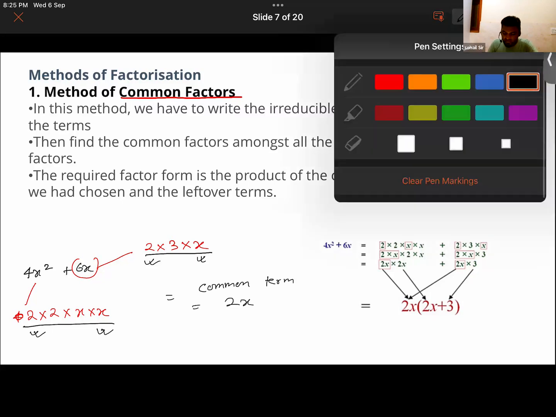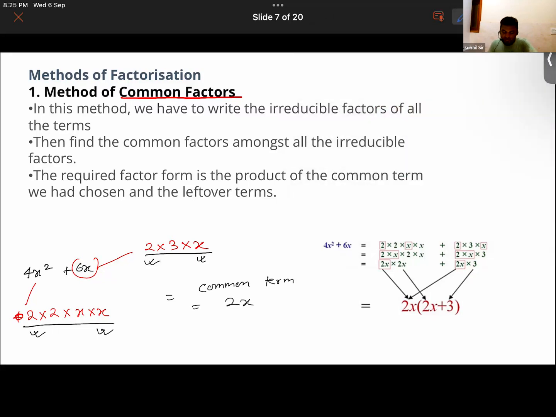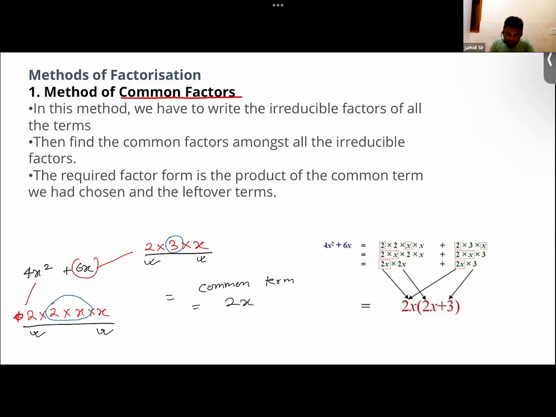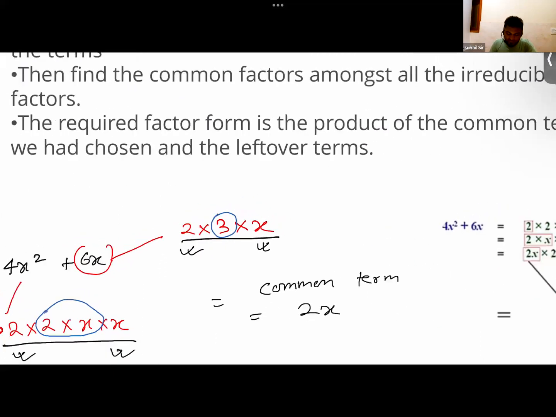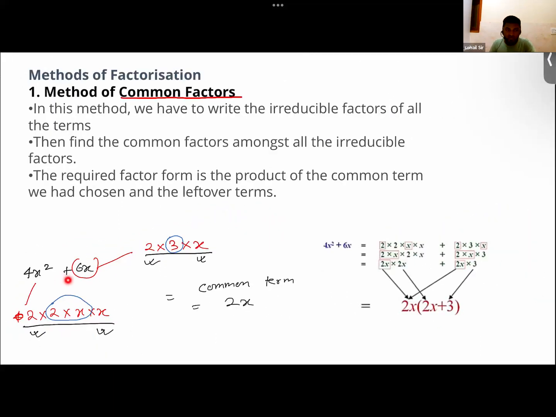Now what is remaining apart from 2x here? 2x and 3. 3 is remaining here, and 2x is remaining here. And between the terms, what is the sign of operation? It's a plus sign.